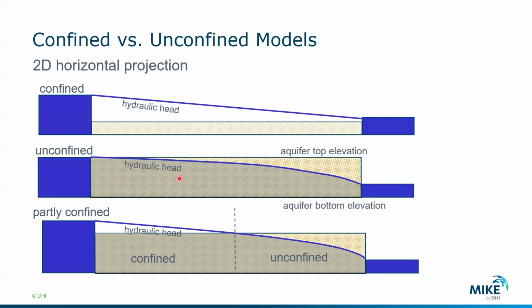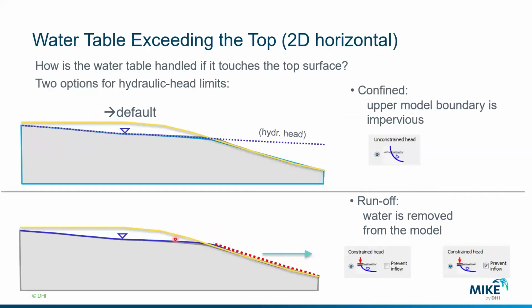If the system is unconfined, we also solve using the phreatic option. If the system is partially confined, so here we have unconfined and this part is confined, you need to specify some treatment. So how would you like to solve these problems?